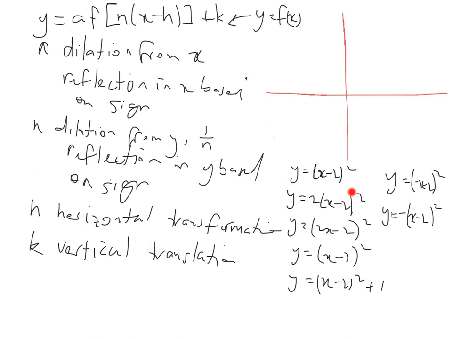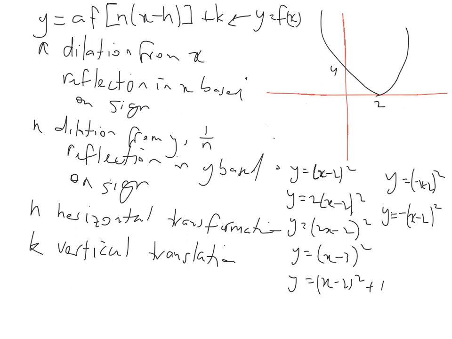So let's say we've got a base function of y equals x minus 2 all squared. Now we know that looks like this. We're at 2 and we're cutting through there at 4. So it's that one there.